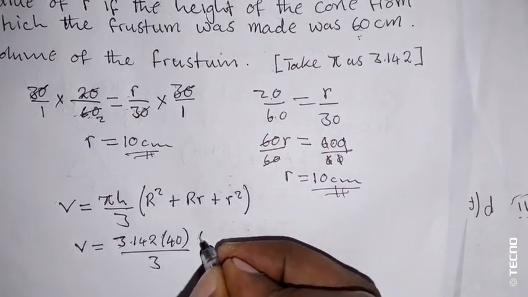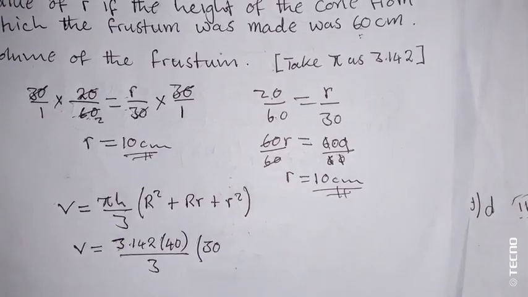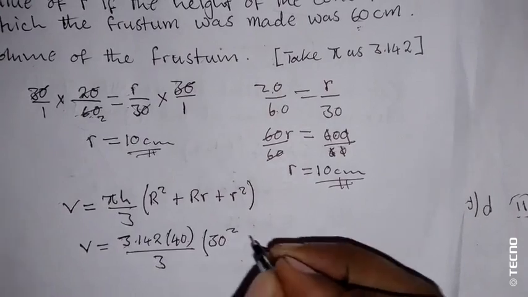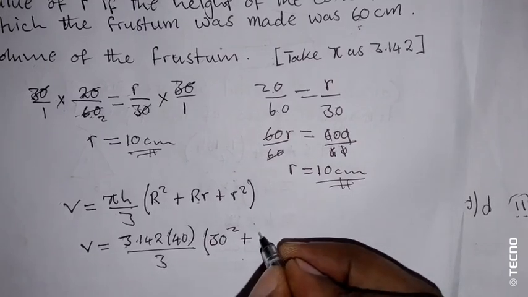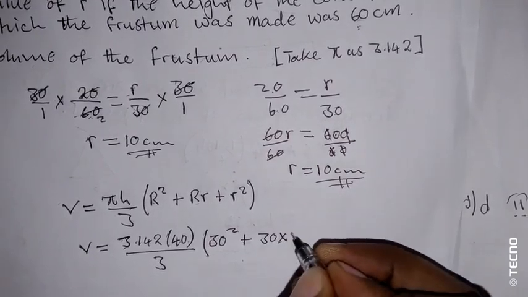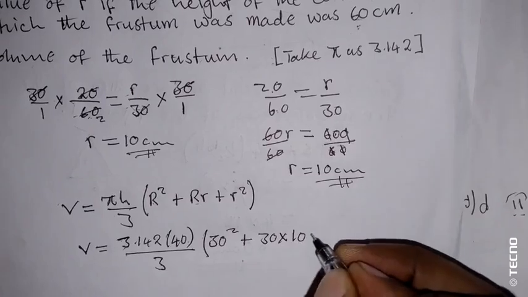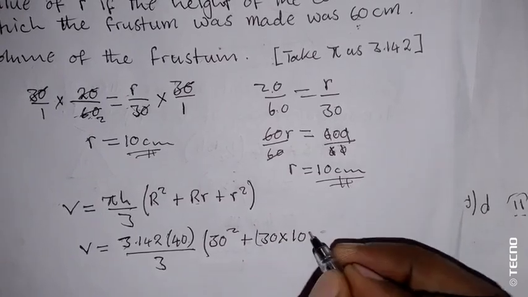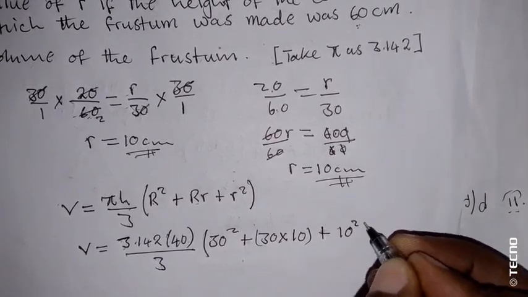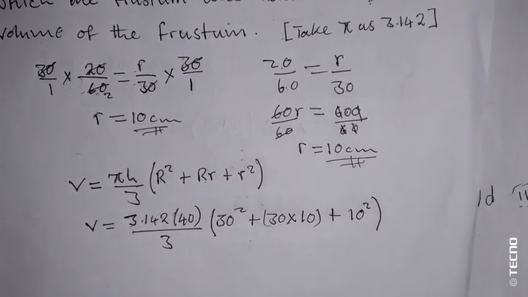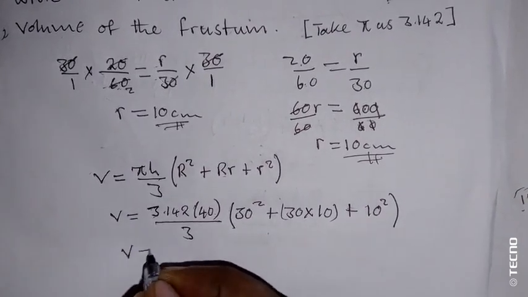Then open bracket, here the big R is 30, squared, plus big R 30 times the small one, which is 10, and then plus our small R again, 10 squared, like this. Having this, you can place them directly on your calculator or you can work them out.